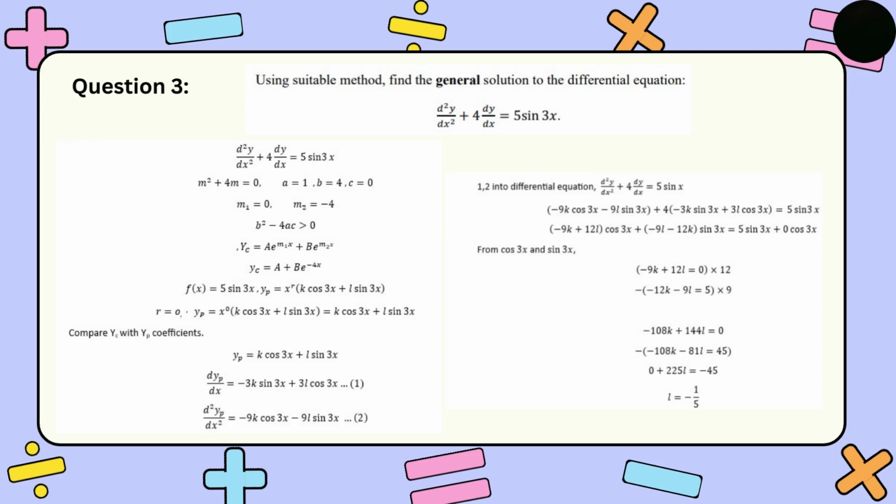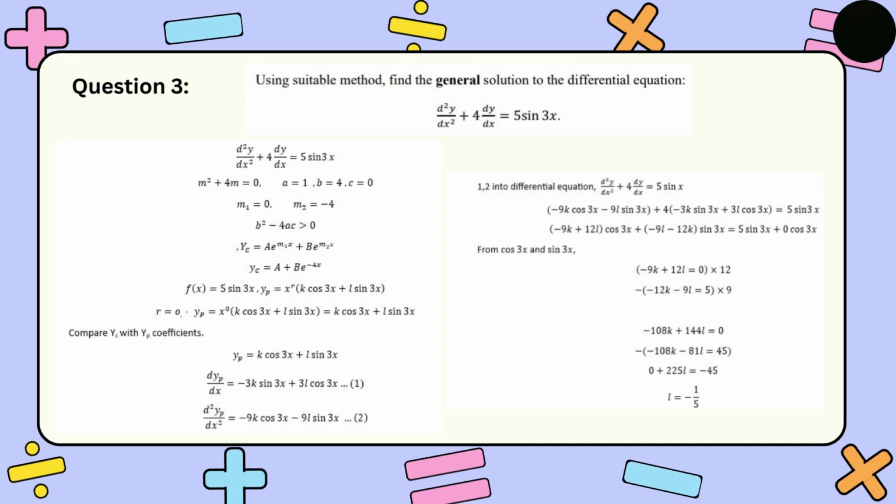And then for the second phase, we will use fx equal to 5 sin 3x and yp equal to x to the power r multiplied with k cos 3x plus l sin 3x. And then using r equal to 0, we substitute r into the yp equation, which will get k cos 3x plus l sin 3x.